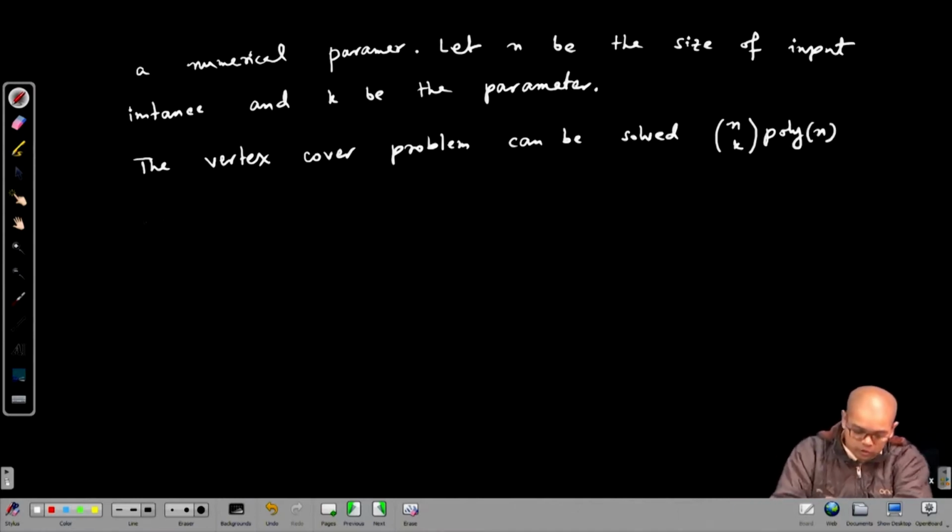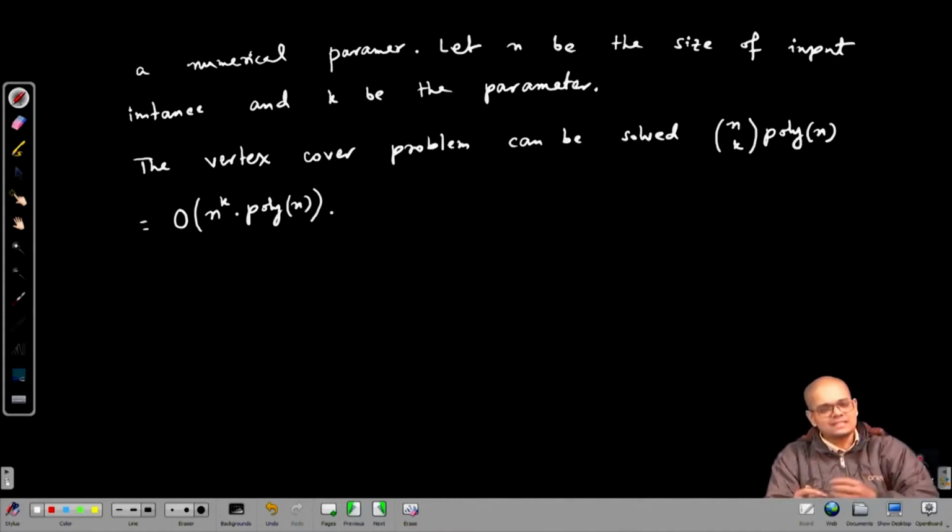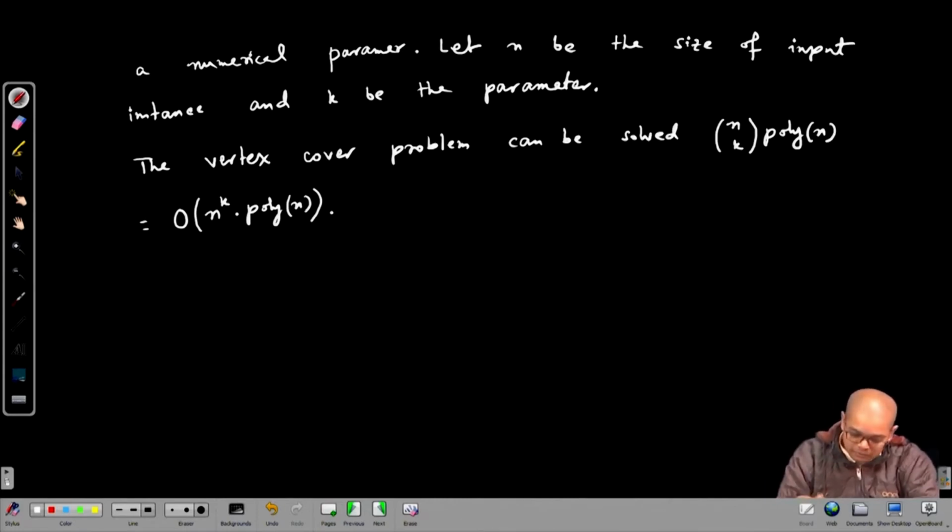So in this much time, which is big O of n to the power k times poly n. And this is typical. Not only vertex cover, for example clique, independent set, or typical problems can be solved in n to the power k time. But this sort of time, where the parameter sits in the exponent of n, these are called XP algorithms.